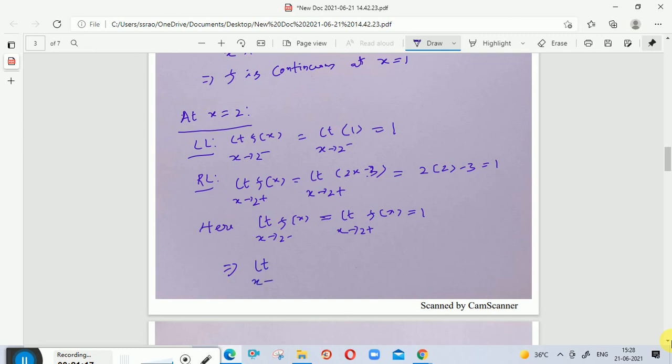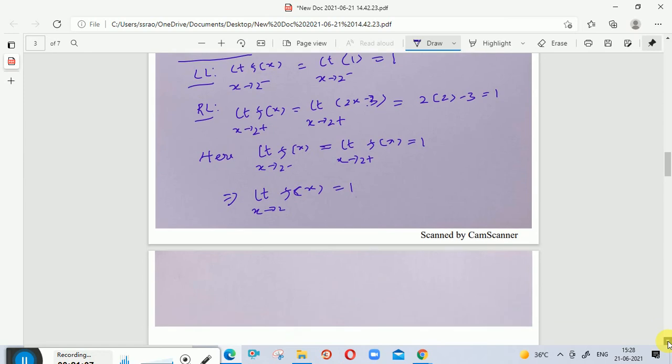Okay, so that implies limit x tends to 2 f of x is equal to 1. Okay, limit of f of x as x tends to 2 is equal to 1.